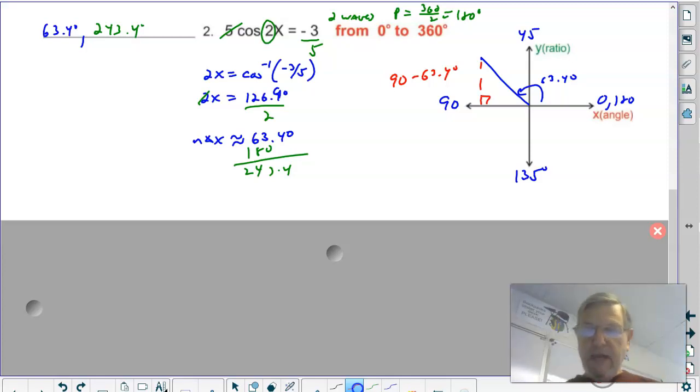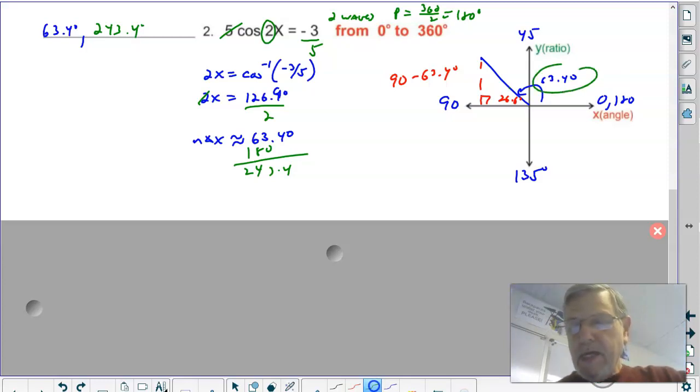So let's just punch that in, 90 minus 63.4, 26.6 is the reference. Just hold on that. We'll use that later. Okay, but anyhow, there was my first, 63.4, right?